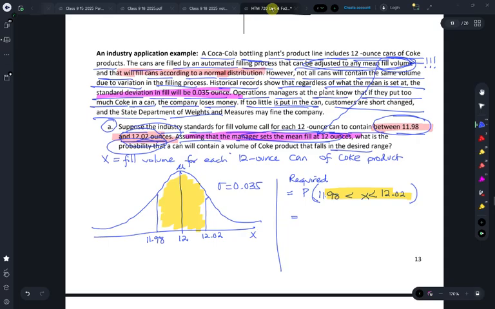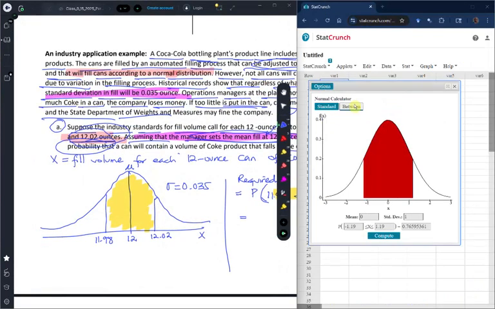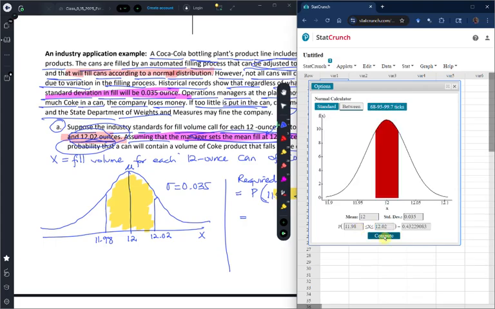So what will that be? I'll go to StatCrunch. Let me do that. And I want between. I'm going to key in the parameters of the distribution, which are 12 and 0.035. And I want the amount of probability between 11.98 and 12.02 and compute.